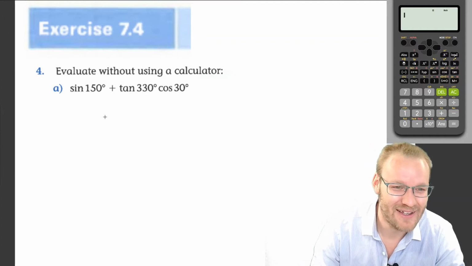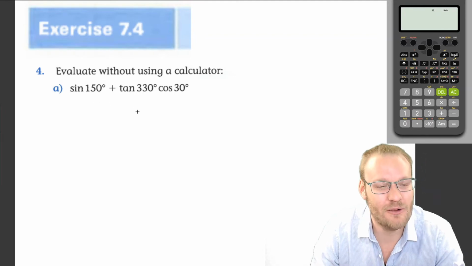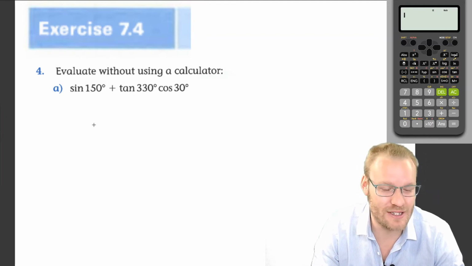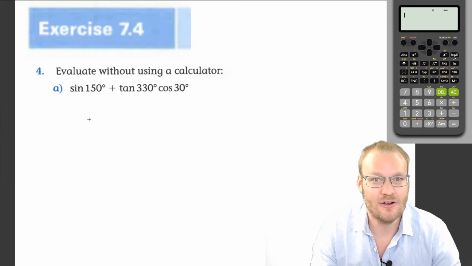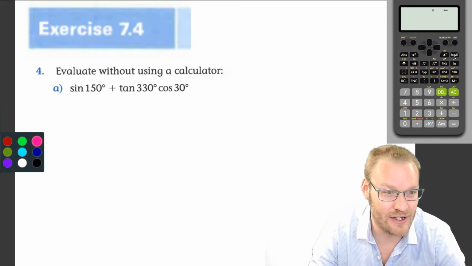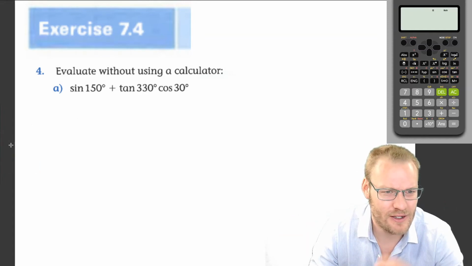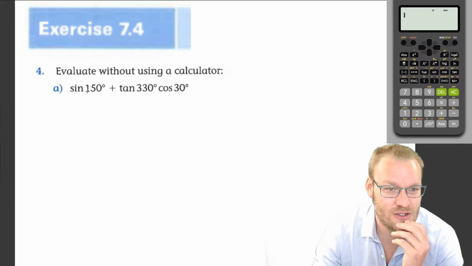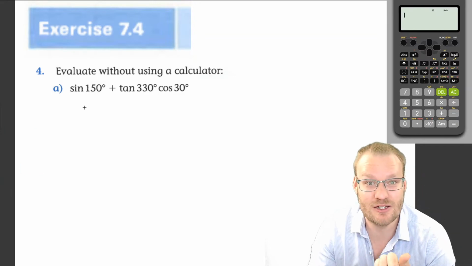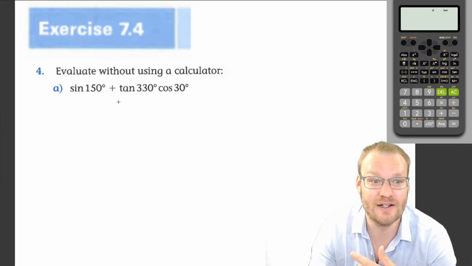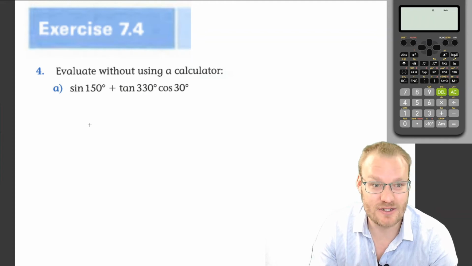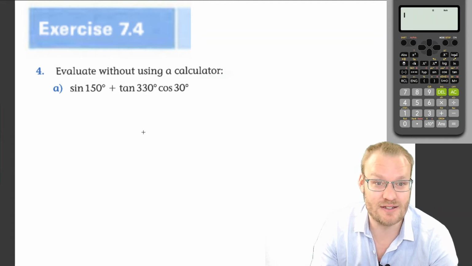Okay, so sine 150. Remember, the whole point is that we're trying to reduce these to acute angles between 0 and 90. Now, to do this, we know that if we're going 180 plus or minus or 360 plus or minus, sine's going to stay sine, cos stay cos, tan stay tan.